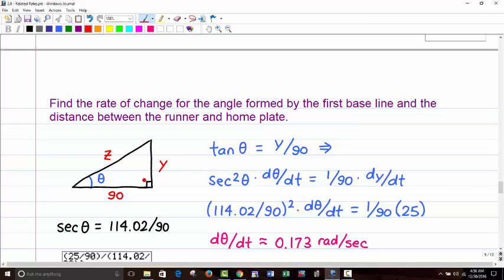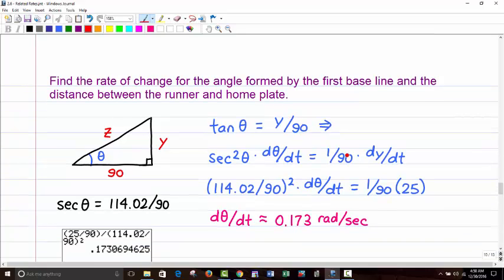So tangent's y divided by 90, opposite over adjacent, which is 1 over 90 times y again. So it's important that we know the derivative of tangent, of course, which is sec squared. And so it's sec squared d theta dt equals 1/90th times dy dt.